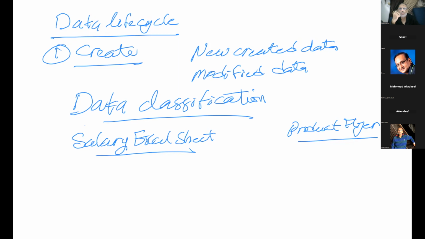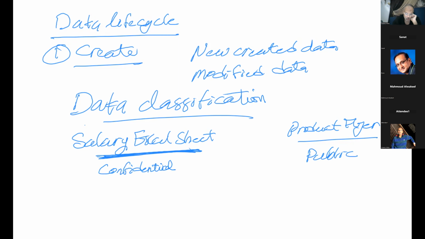Different department, different input. I don't care about the bonus and all this stuff, but here it has the salary of the staff. This information is confidential. The flyer is public. I want to distribute it to all customers so they know the product.